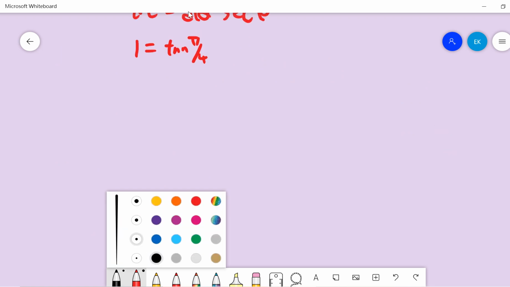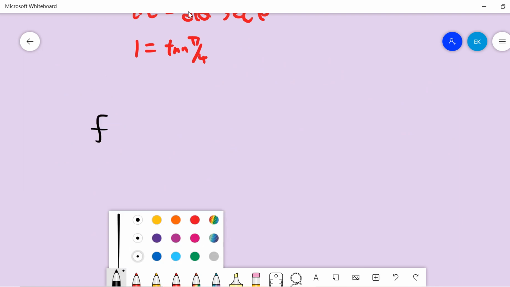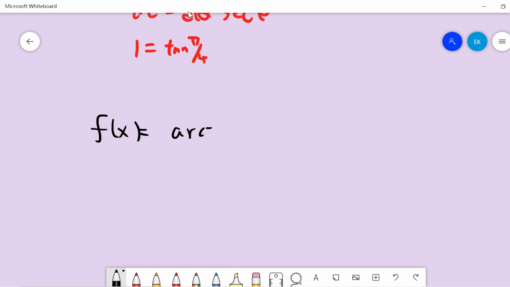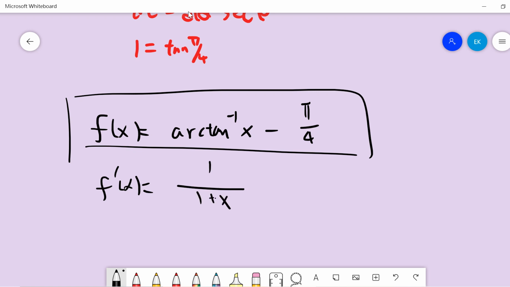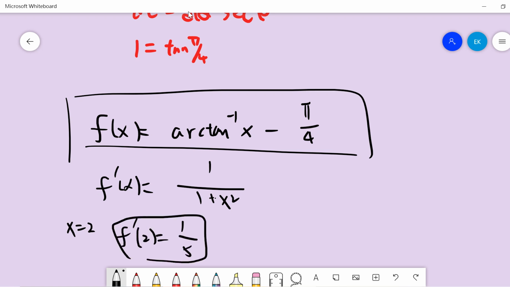Okay, so up to now, we have finished the integral. So basically we have this. So we take the derivative, and then we plug in x equals 2. So when x equals 2, f prime of 2 is 1 over 5. So this is the slope.